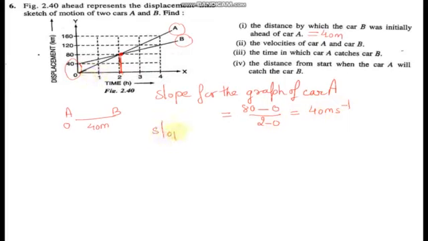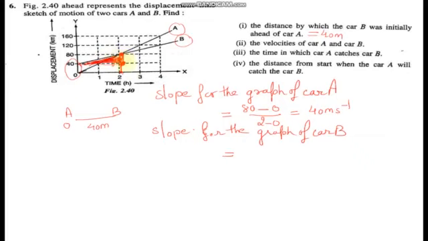Then comes what is the slope for the graph of car B. Now for the car B, we will take this much part. Now this point is 80 meter and this point is 40 meter. ये वाले part से हम the slope find out कर रहे हैं in this red triangle.